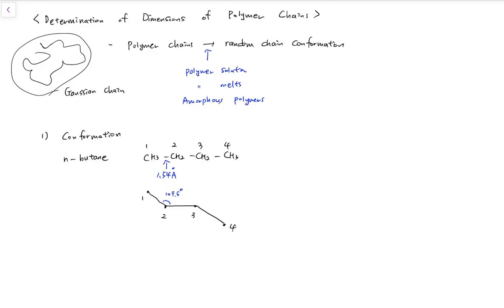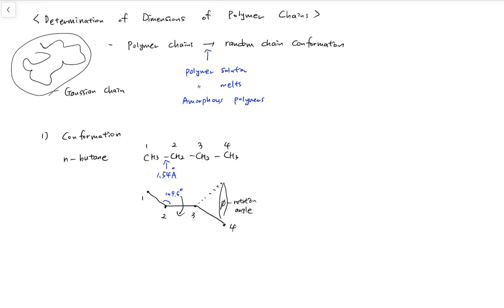Okay, so this is 1, 2, 3, 4, right? As you all know from the organic chemistry class, the carbon-carbon single bond can rotate, so they can be rotated in this manner, right? So there could be the rotation angle phi.